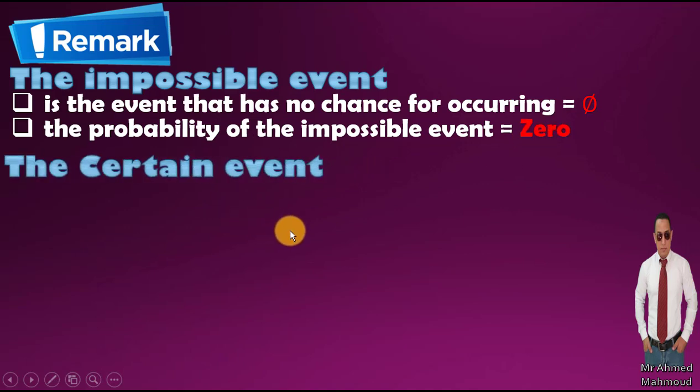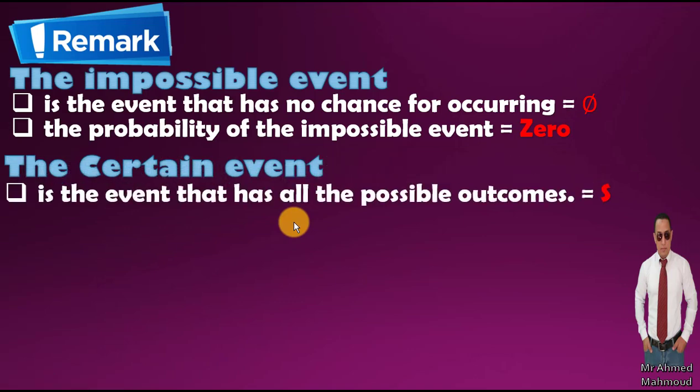Now the certain event is the event that has all possible outcomes and it is equal to the sample space. It is sure to occur. For example, if we have an experiment flipping a coin and the event is the appearance of head or tail, this is a certain event.